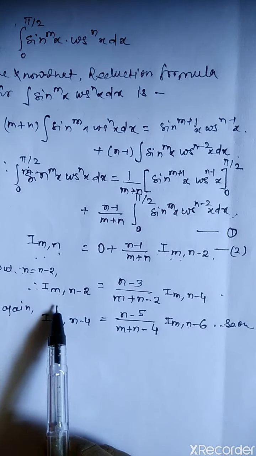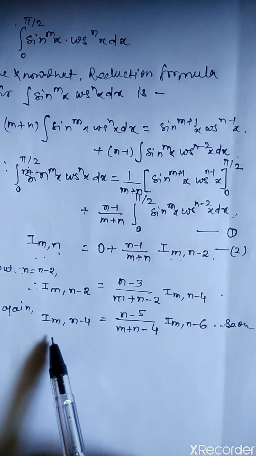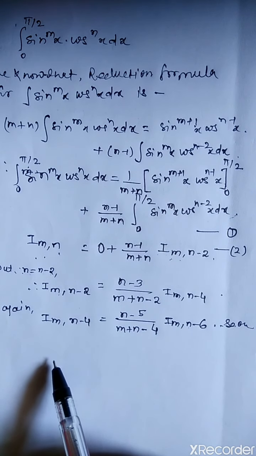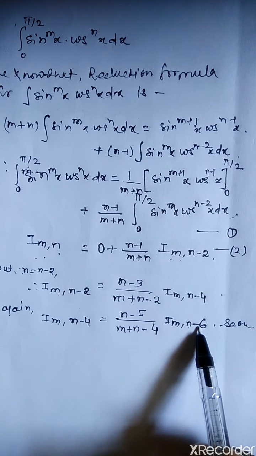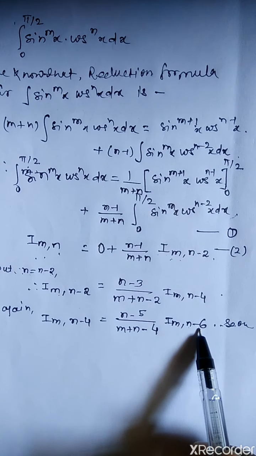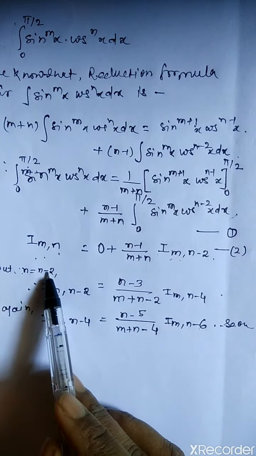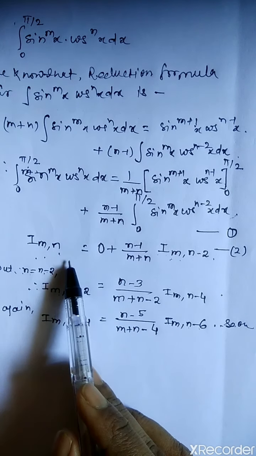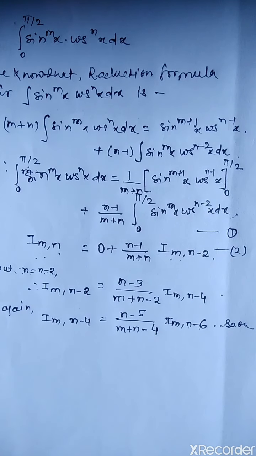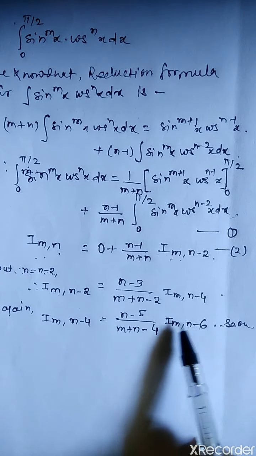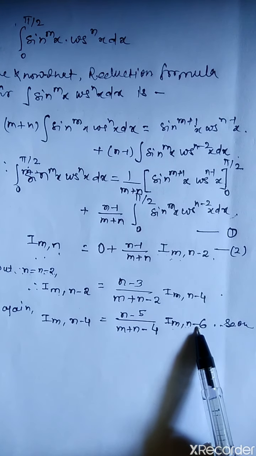Next we will be putting n equal to n minus 4. So thereafter, after so many times, the last term, we will put n minus n, then what we get here is 0 if n is even. But if n is odd, then we get some other value, maybe n plus 1 minus 2, like this. So we are remaining with the value I m comma 1.